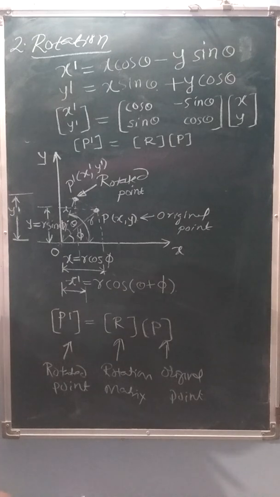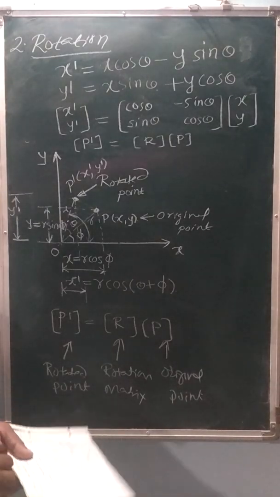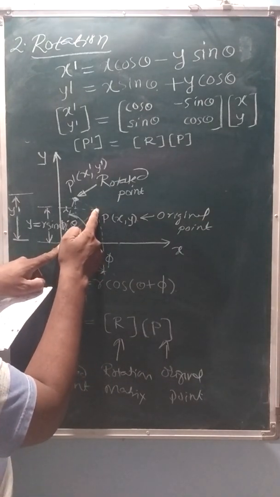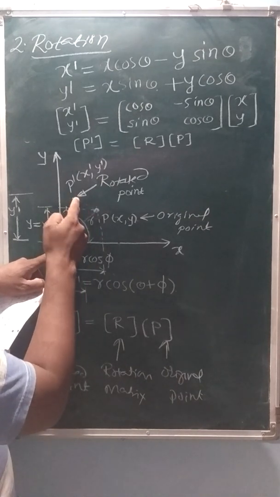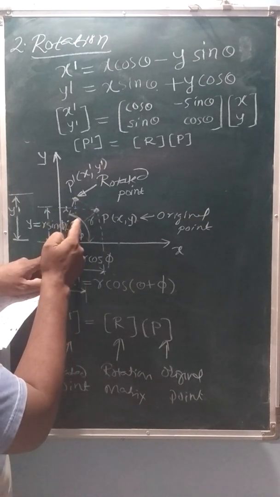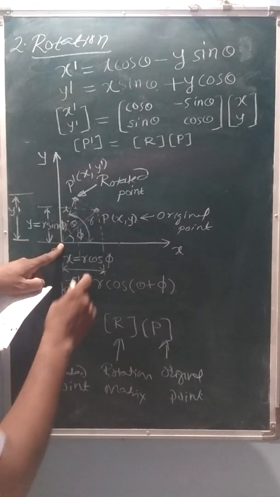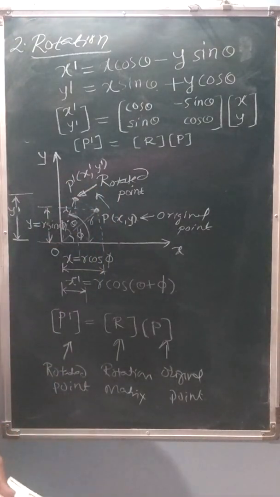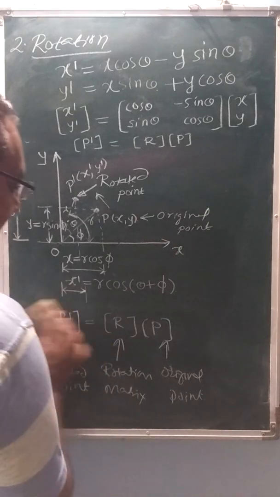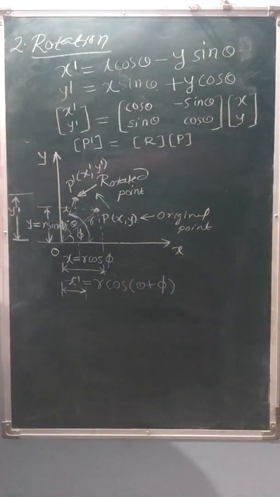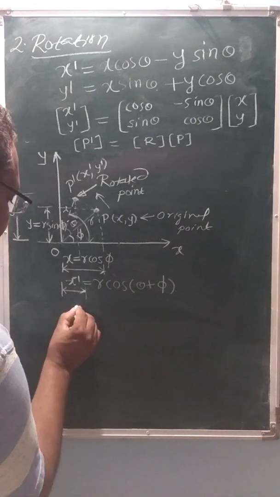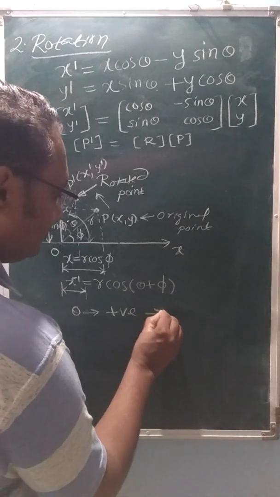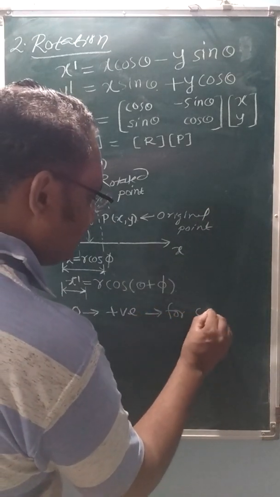Now there are two sign conventions in this case. See here, we have rotated this original point from its initial position to the final position by an angle theta, which means we are rotating in the anti-clockwise direction. When we are rotating an entity in the anti-clockwise direction, we take the sign of theta as positive for CCW.